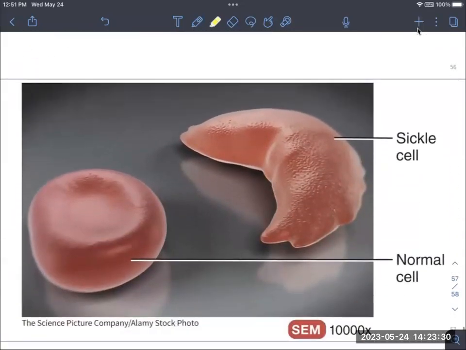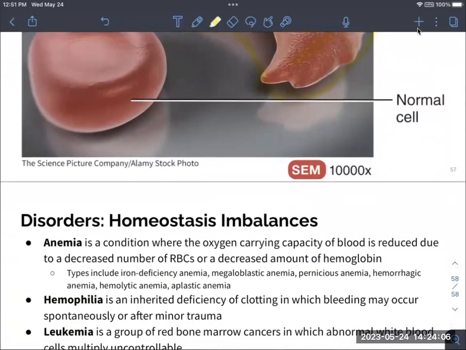Their red blood cells take on this sickle, this curved kind of shape. Can happen when you go up into high altitudes. It's more common in the African American population, but from what I've heard, they've got different things to treat it. It can be very painful because this shape of this red blood cell can get stuck in the blood vessels. It can block off blood supply, and it can get very painful from what I've been told.